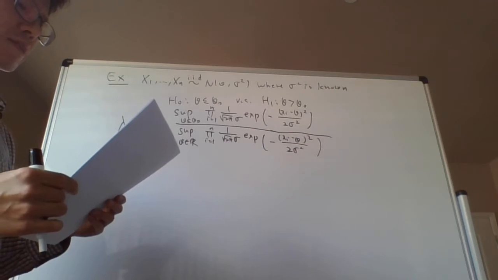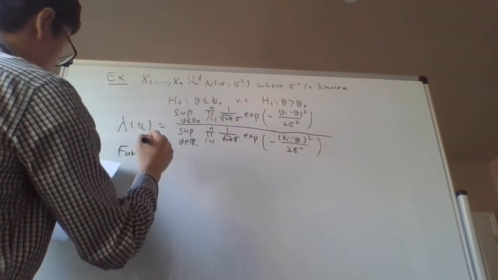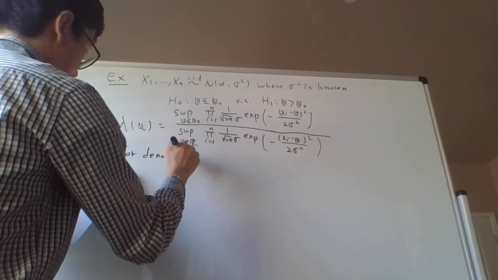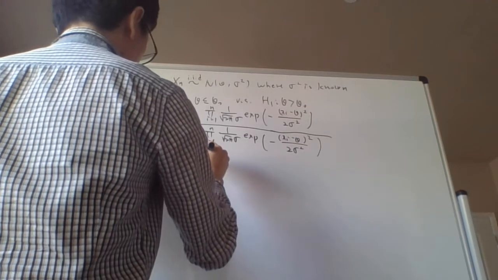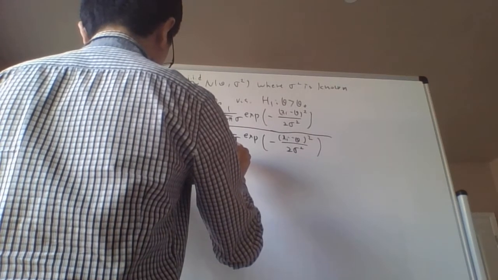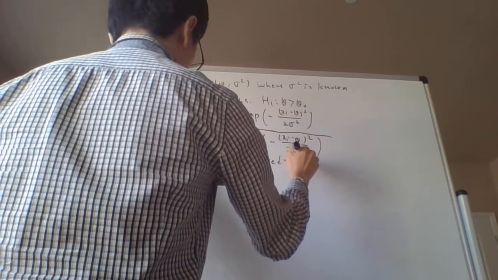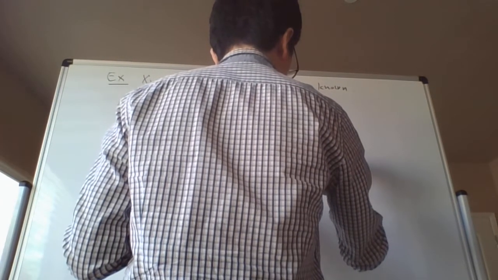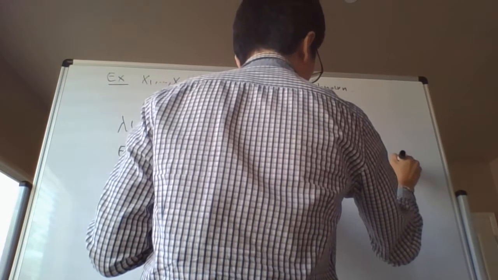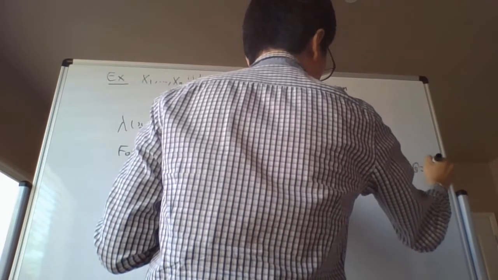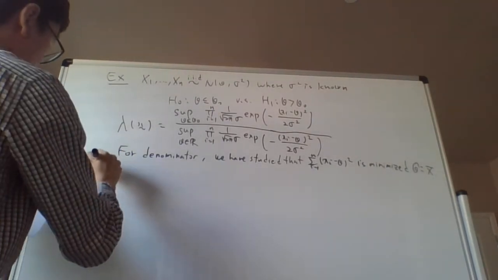And we already studied that the sum of (xi minus theta) squared is minimized when theta is equal to x bar. Then the problem is the numerator.